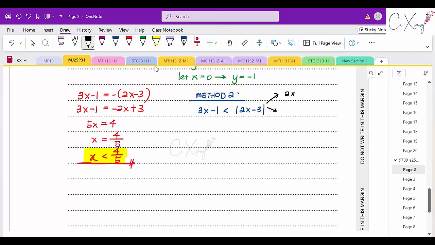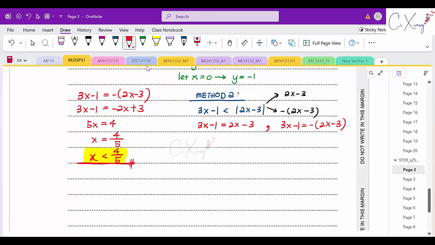One part is the non-reflected one, 2x minus 3. The other part is the reflected part, so it will be negative 2x minus 3. Okay, now I try to solve the equation first, where I have 3x minus 1 equals 2x minus 3. Then 3x minus 1 equals negative 2x minus 3.